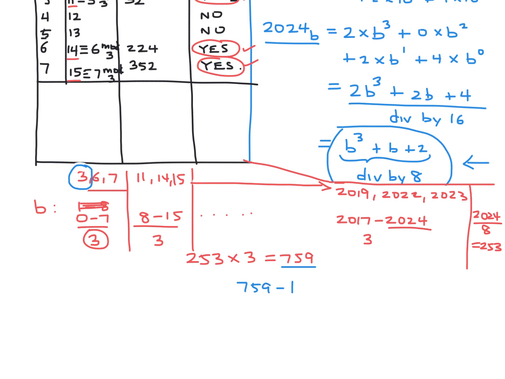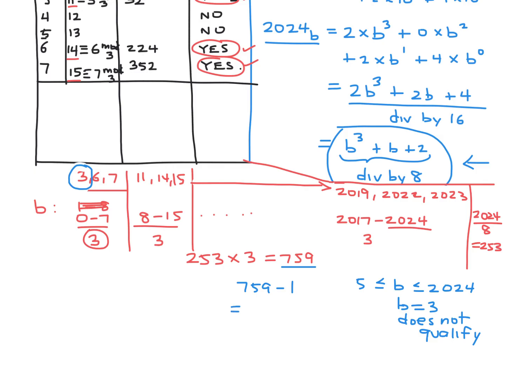Let me write it here. Because b is between 5 and 2024, b equals 3 does not qualify. Whatever you want to say. I mean, this is not a long answer question, and you just have to find the answer and circle it. But I'm just saying for the sake of completion.